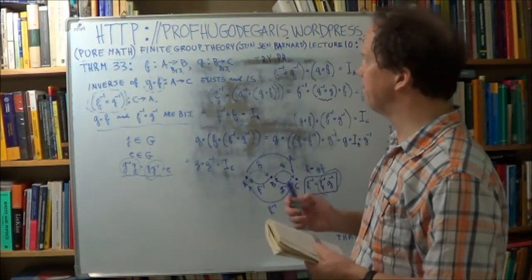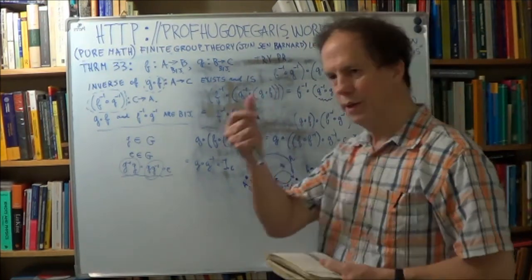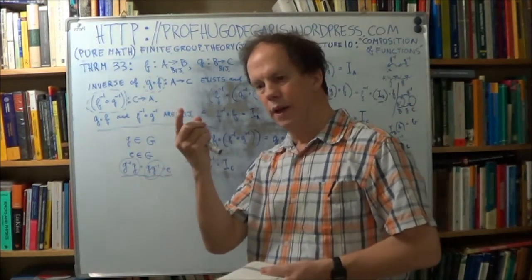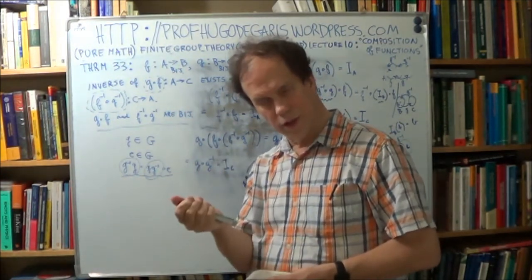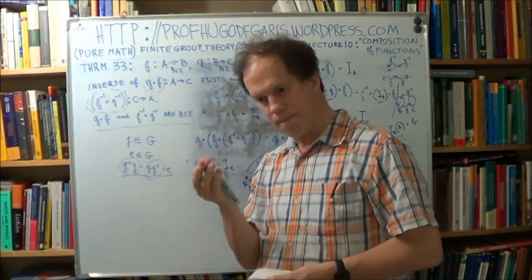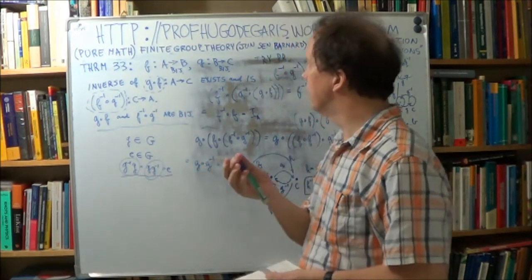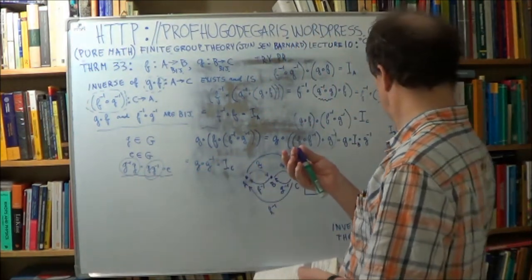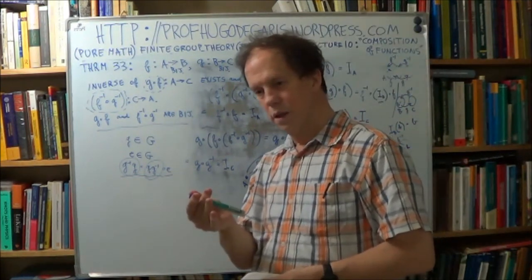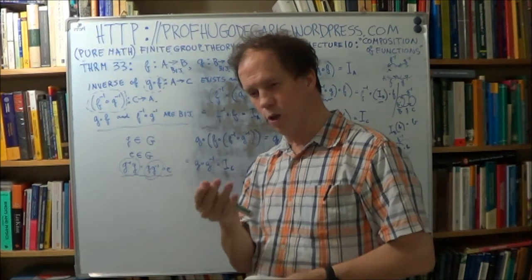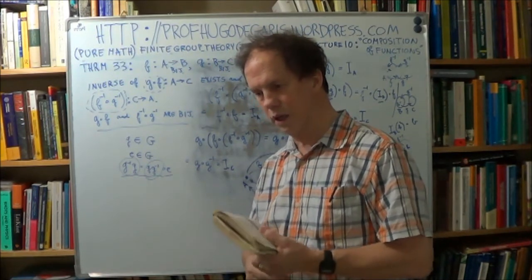We talked about associativity, the identity operator which acts like the unit. We've got associativity. Now we need closure. How do you get closure?